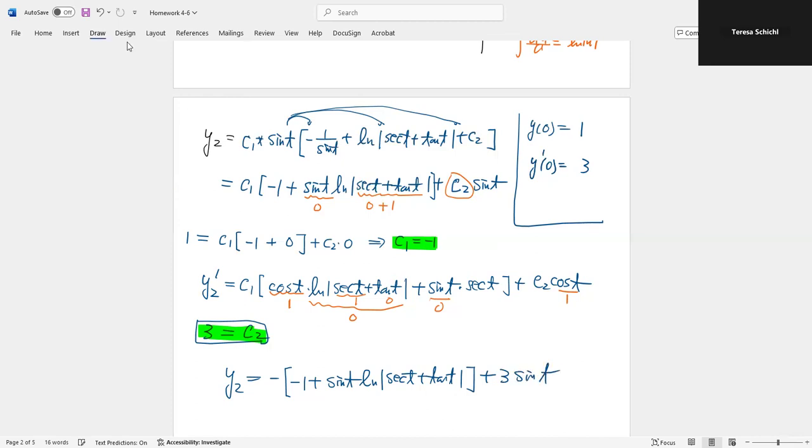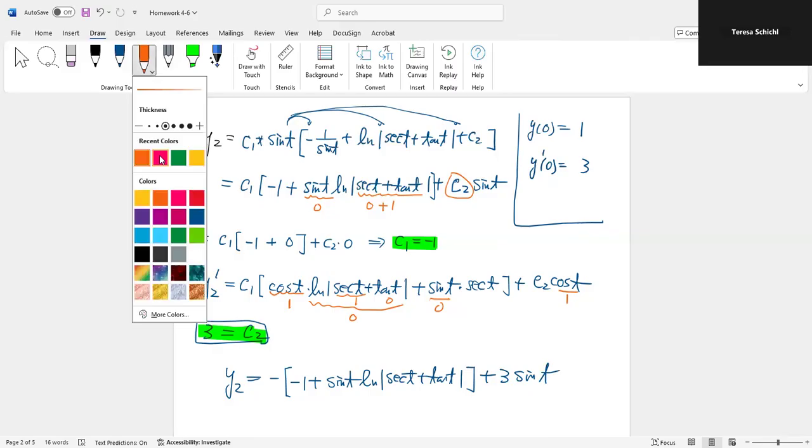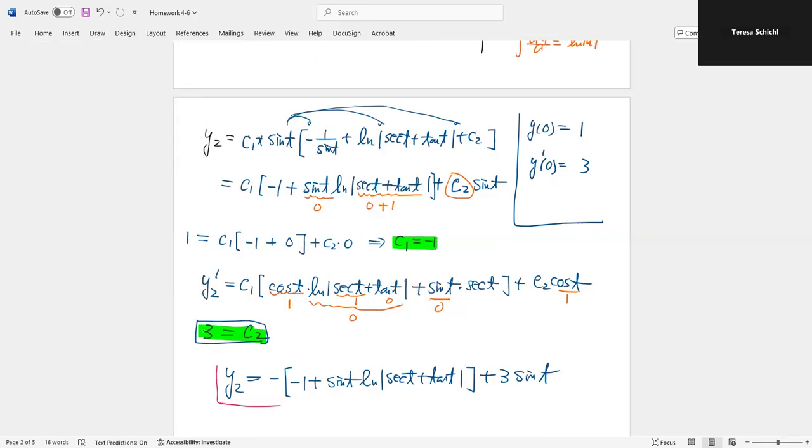Wow. Okay, finally. The whole thing is very tedious, it's the integration part here. So that's it. That is my solution here.